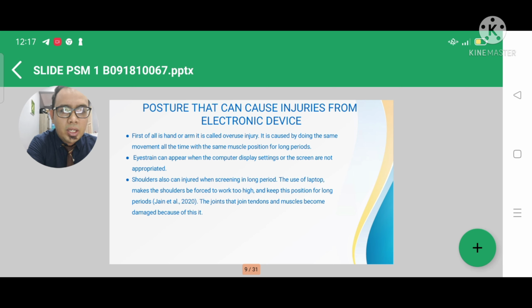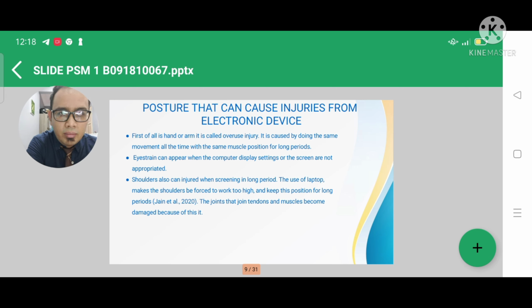The postures that can cause injuries from electronic devices. First of all is the hand or arm, which is called overuse injuries. It is caused by doing the same movement all the time with the same muscle position for a long period. Next, eye strain can appear when the computer display setting or the screen is not appropriate. Third, the shoulder can also be injured when screening for a long period.